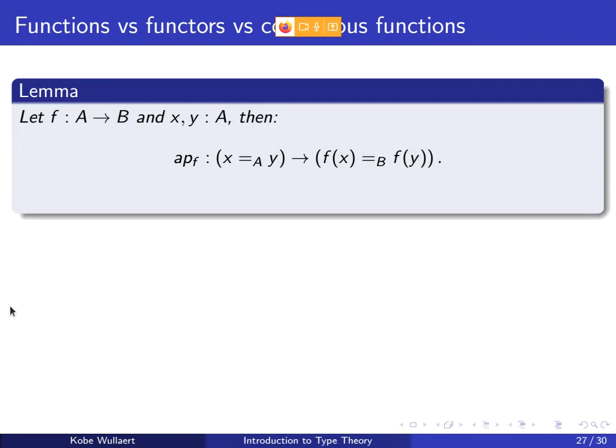Things you automatically get for free in type theory, like this composition of paths and so on, without too much work: you can show that any function is continuous in the sense of path continuous. If you have a path from x to y and you have some function, we automatically get a path in the image.